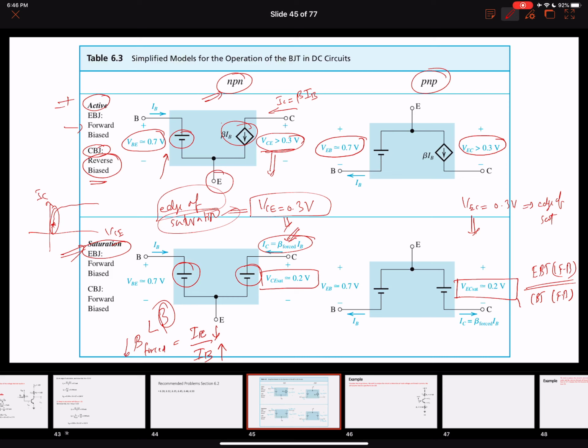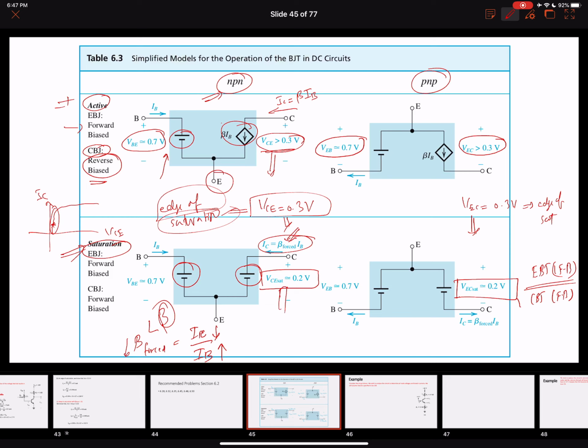When this collector to emitter voltage decreases and becomes equal to 0.3 volts, it is the edge of saturation. When it further decreases, our transistor is in saturation mode now, and our collector to base junction is forward biased. The value of VCE in saturation mode equals 0.2 volts, right?